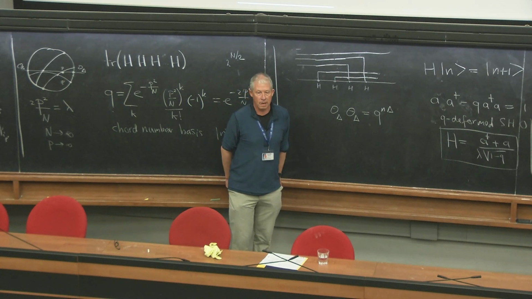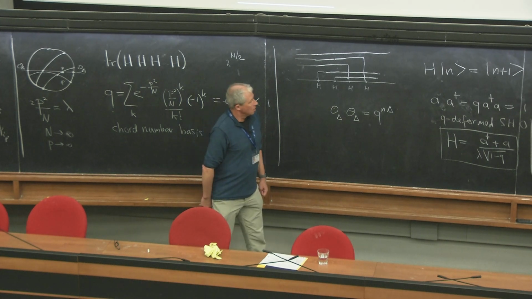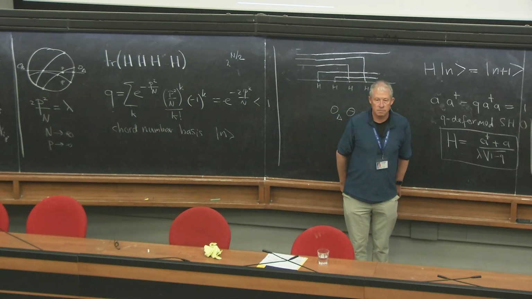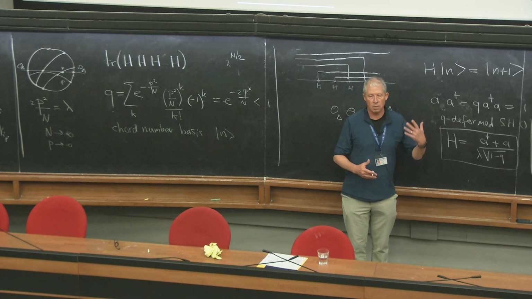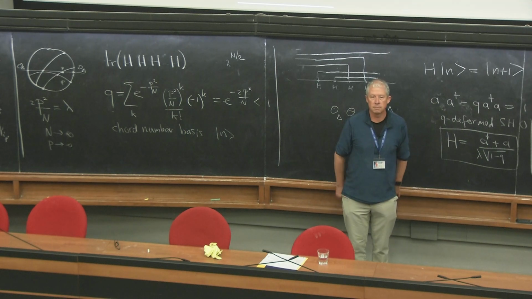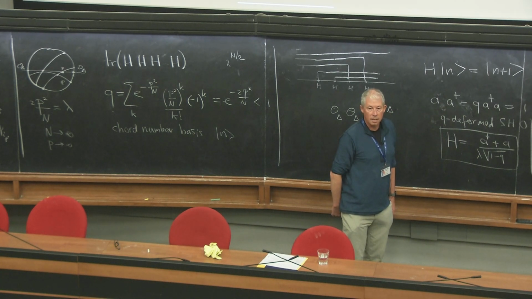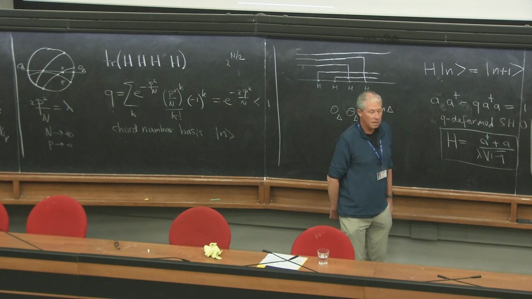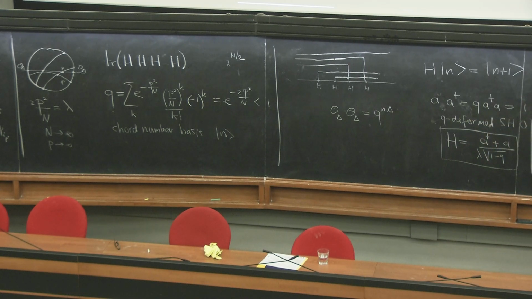Yes? Is A dagger simply the dagger of A? Not quite in this basis. Okay. But there is a basis where A dagger is the dagger of A. I was just trying to check that the creation-annihilation relations that you've written down are consistent with the algebra that you wrote down. I wasn't able to. I didn't see why those are consistent. I have this n factorial here.